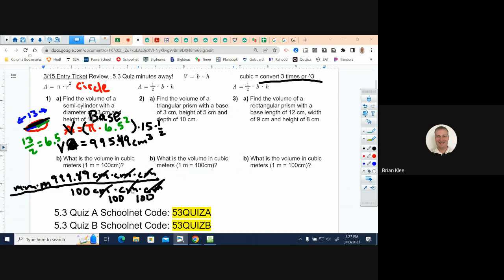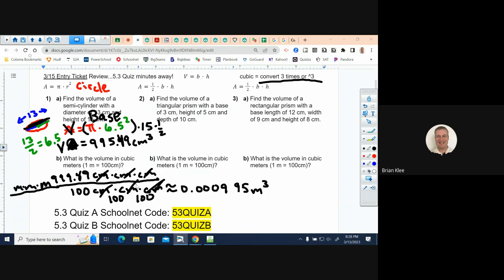So we divide by 100, we divide by 100, we divide by 100. And we get a very, very, very tiny number. We end up with 0.0000995 cubic meters.